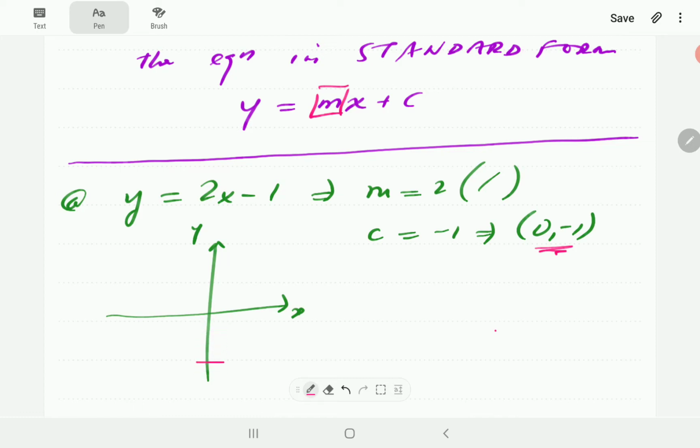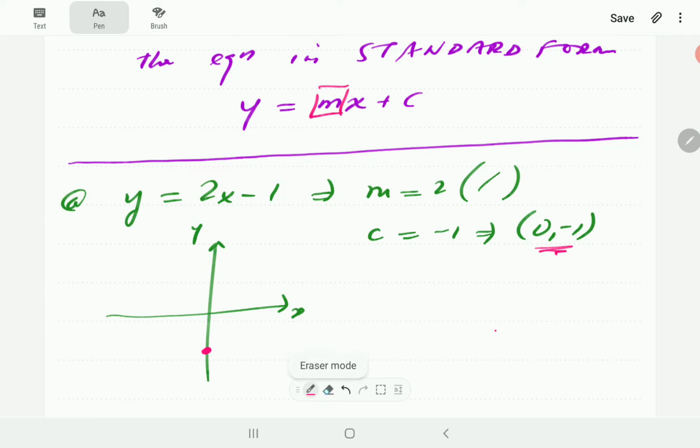Here we can locate our y-intercept, because remember, this is just a sketch. So if you locate it anywhere here, then it's marked correct. But of course, if you put it this side, then we have a problem.